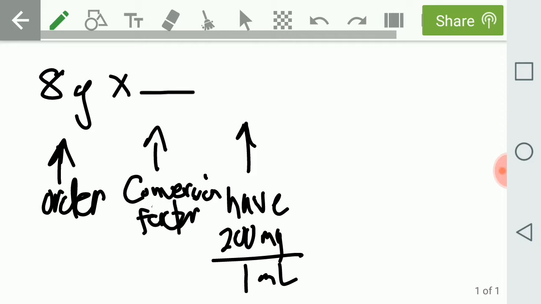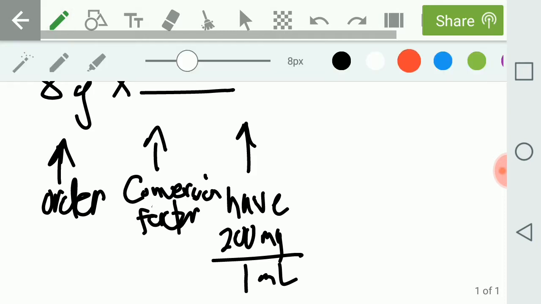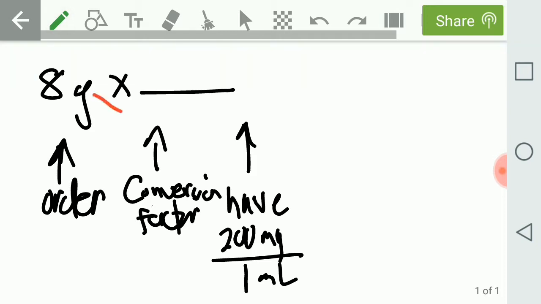And so our conversion factor, we always write what we need first to cancel out, and then we write what we want. And so this will be 1 gram to 1,000 milligrams.